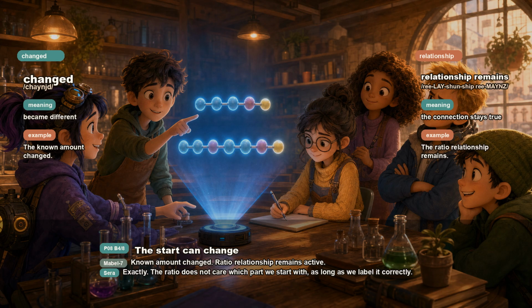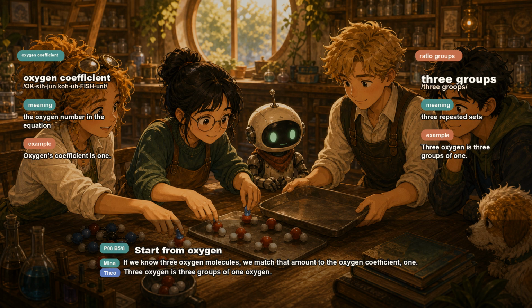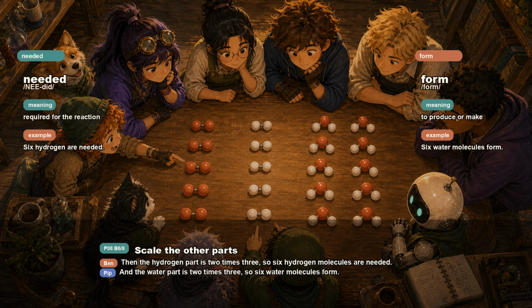If we know 3 oxygen molecules, we match that amount to the oxygen coefficient, 1. 3 oxygen is 3 groups of 1 oxygen. Then the hydrogen part is 2 times 3, so 6 hydrogen molecules are needed. And the water part is 2 times 3, so 6 water molecules form.